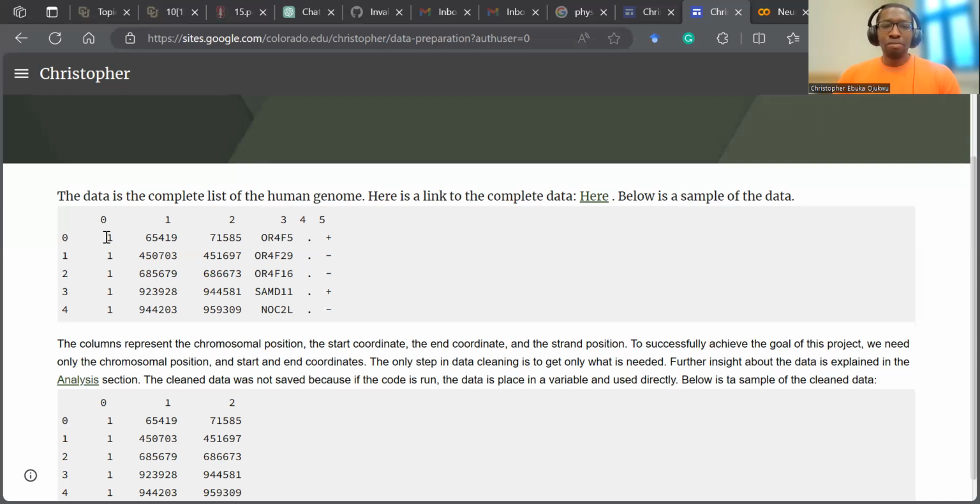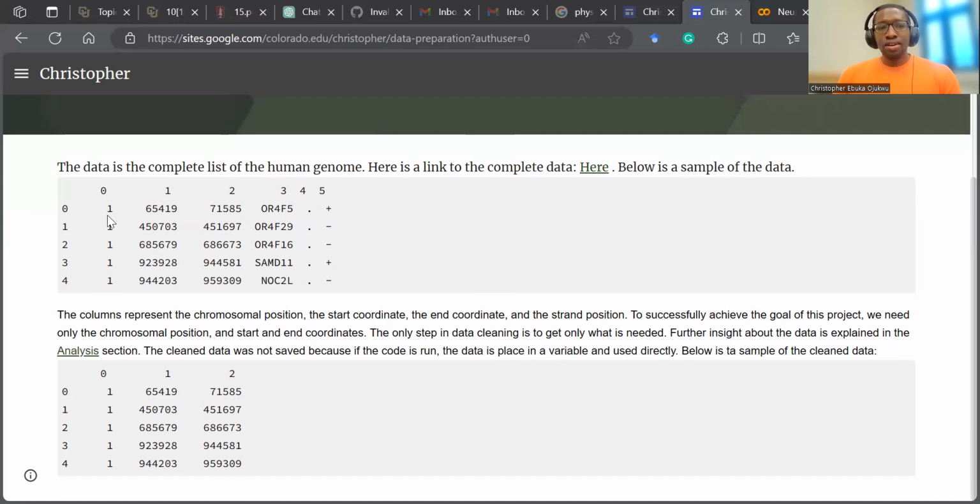So the only information I really need for this interval intersection is the chromosomal position, the start coordinate, and the end coordinate. And that is what I did here, I just trimmed off everything that I don't need, thereby leaving everything that I need.